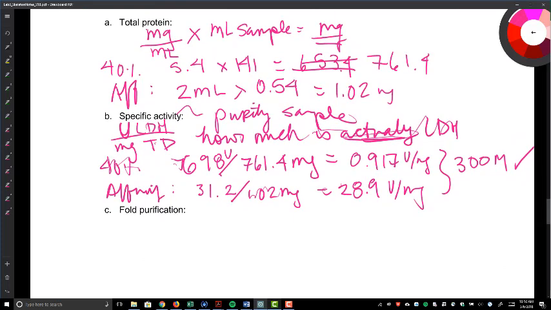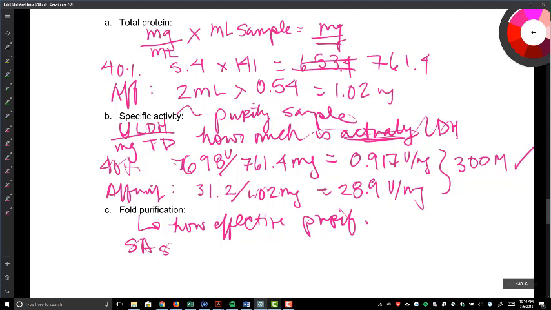And then finally, the last calculation is the fold purification. And this is an easy to see numerical indication of how effective the purification is. And that's literally the specific activity of a particular step divided by the specific activity of the original.